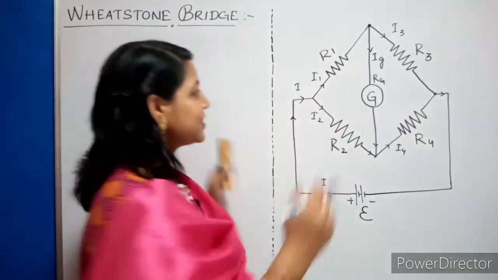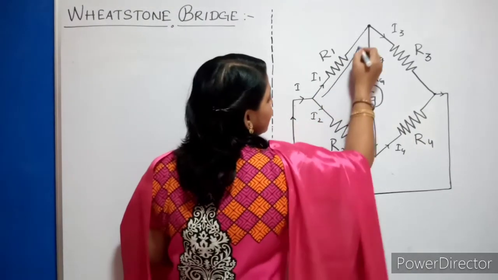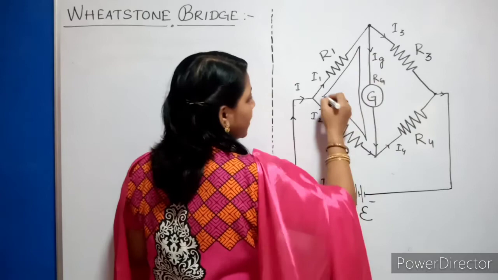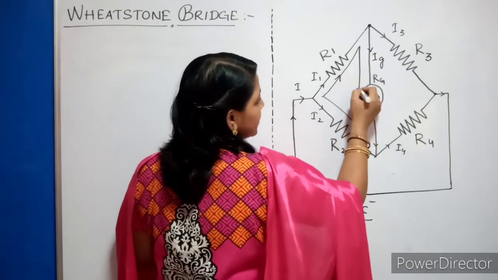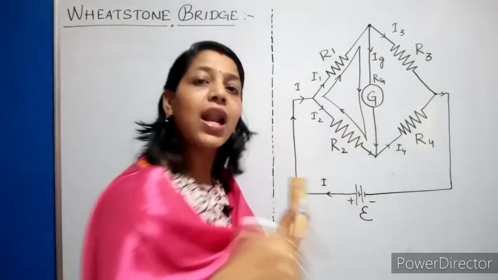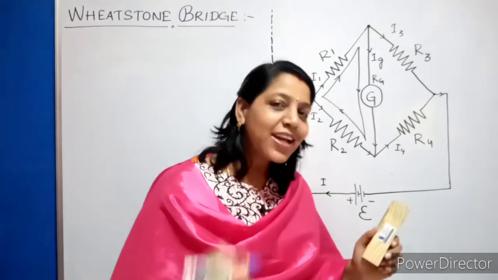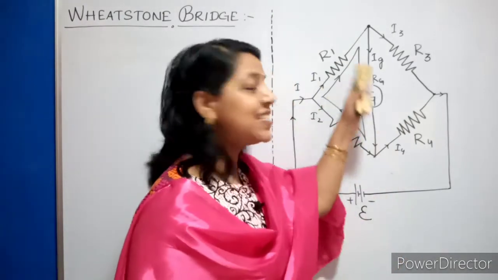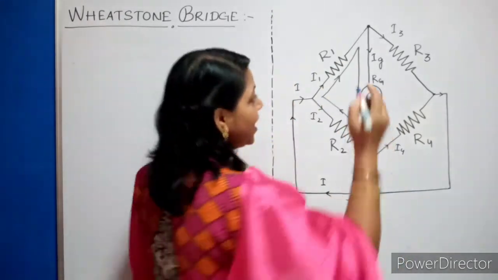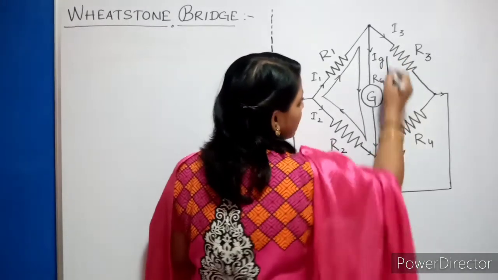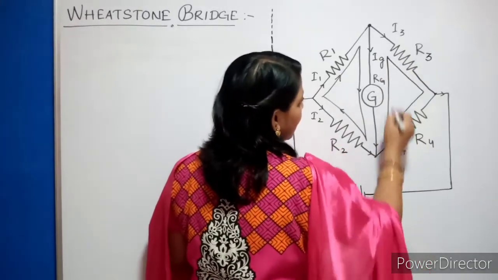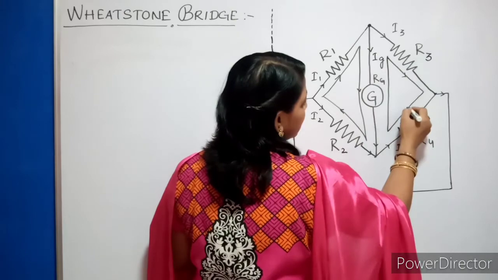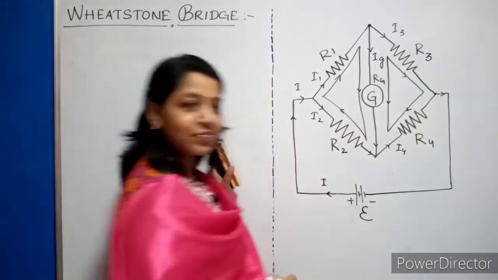Clear? Now let us write the KVL. So this is your one loop. You need to consider the loop either clockwise or anti-clockwise, one of the ways, not both. So I am considering the clockwise direction here. Similarly for this loop also I am considering clockwise. So one direction you need to give.